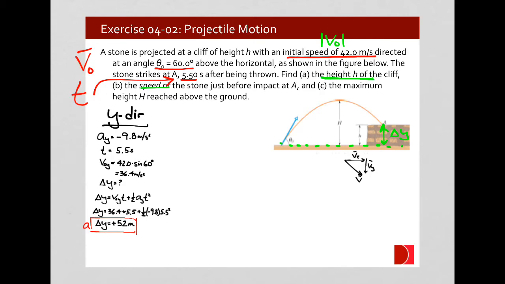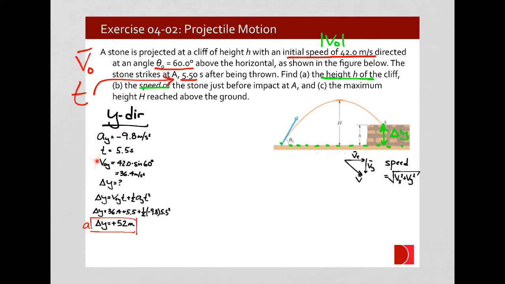So here the speed is the magnitude, and it's found by looking at the magnitude of the vector, which treats it like the hypotenuse of a right triangle. So in order to find the speed at impact, we need to know the velocity in the y direction, and we need to know the velocity in the x direction.